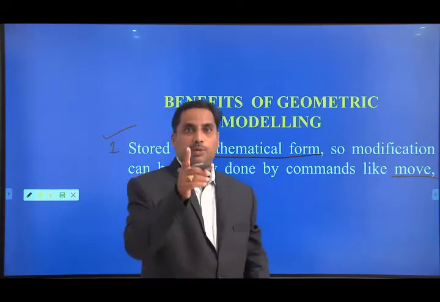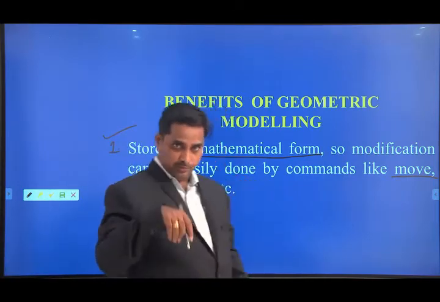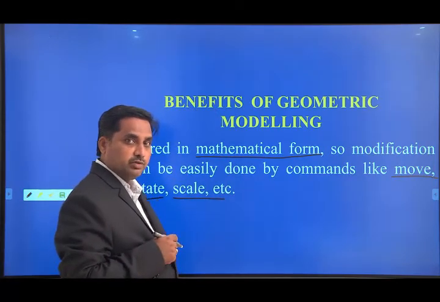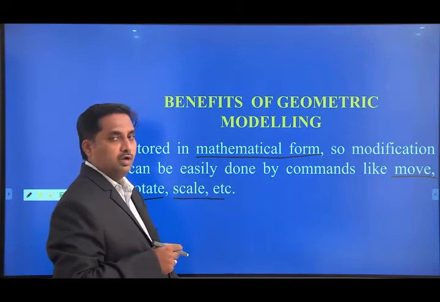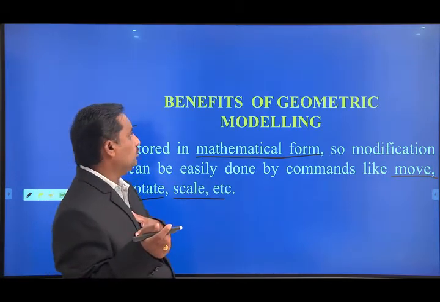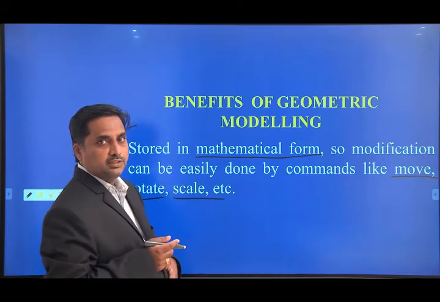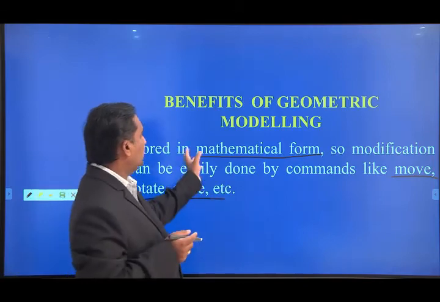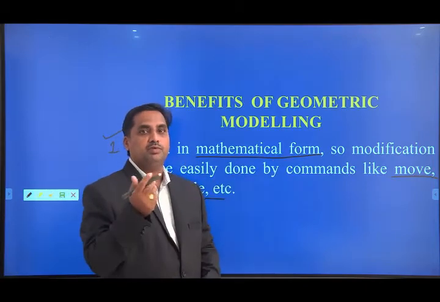With geometric modeling, the computer is very beneficial for us because we can do translation, rotation, transformation, projections, all these things with the help of the computer. Hence, using the computer for geometric modeling, and representing objects in mathematical form, is very useful for us.